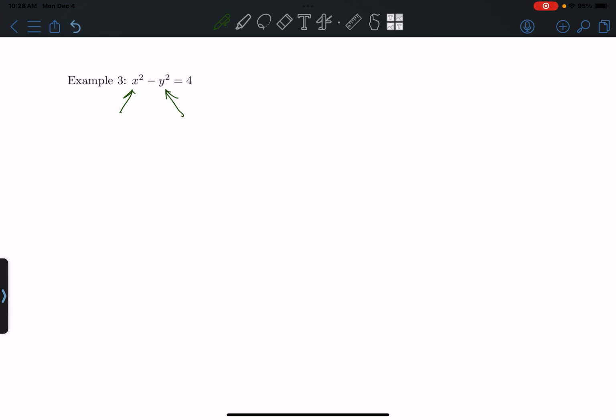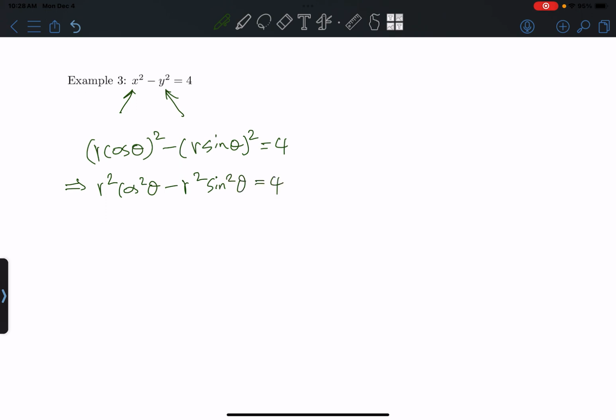So we have (r cosine theta) squared minus (r sine theta) squared equals 4. Distributing the powers, we get r squared cosine squared theta minus r squared sine squared theta equals 4. And now I see r squared on both of these terms.